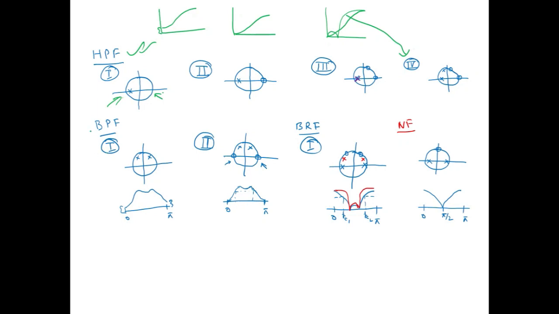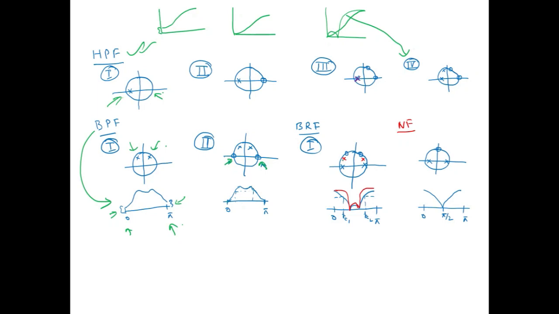When we have a band pass filter, at 0 and pi there will be some frequency component gain. If you place two zeros over there, then at 0 and pi you will have this. Then band reject filter.